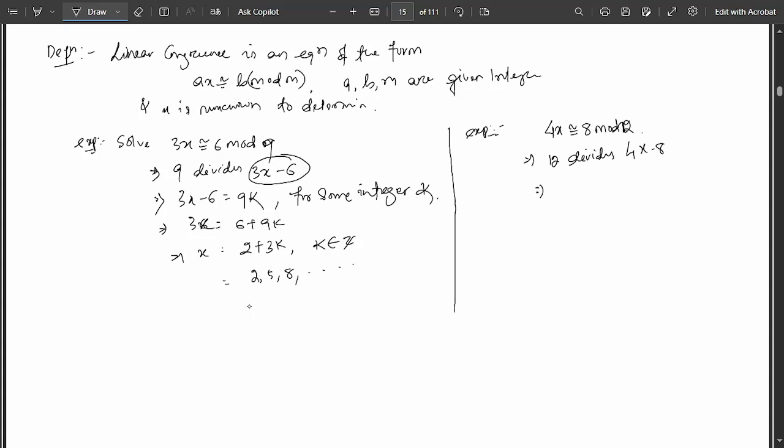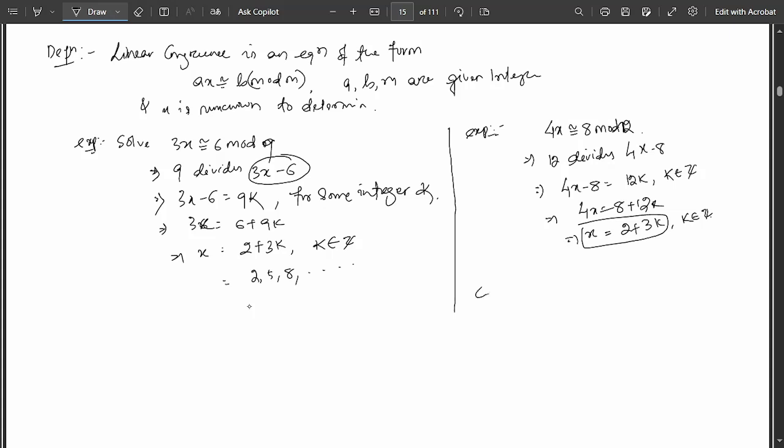So we can write 4x minus 8 as a multiple of 12, that is 12k for some integer k. On solving for x, 4x equals 8 plus 12k, and x equals 2 plus 3k for some integer k. So this is the solution of this linear congruence.